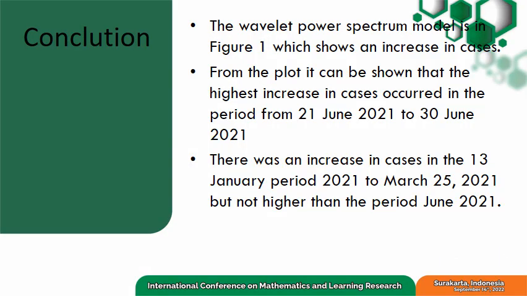So the conclusion, the wavelet power spectrum model is shown in figure 1, which shows an increase in the cases. From the plot, it can be seen that the highest increase in cases occurs in the period from 21st June 2021 to 30 June 2021.